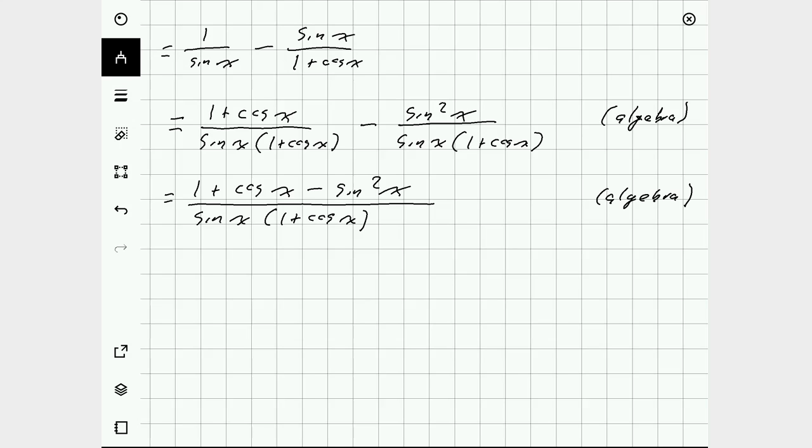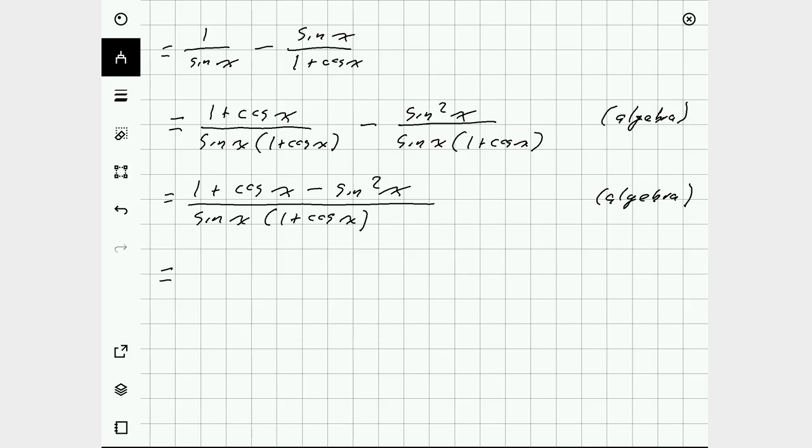So instead of trying to multiply that out, I want to look at the numerator and see if I can factor that somehow. There's no obvious way of doing so, but I do see that I have a sine squared. And whenever I see a trig function squared, in the back of my mind always comes up, is there something I can do with a Pythagorean identity?